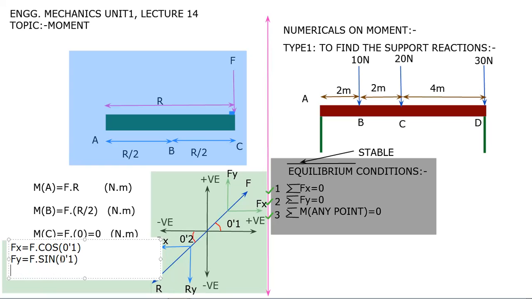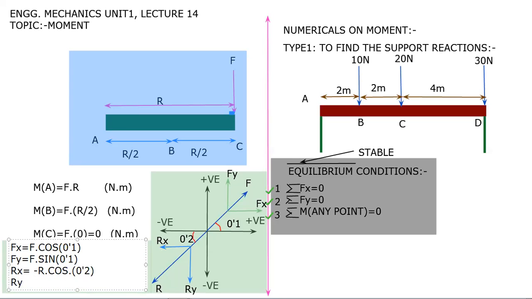Also Rx: R is at the bottom position, and Rx is in the negative x direction, so Rx will be minus R cos theta 2.